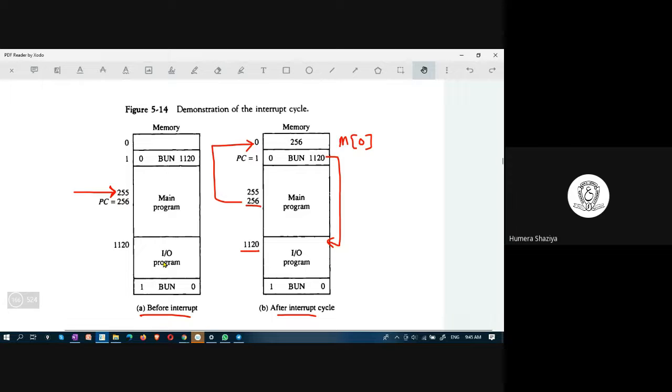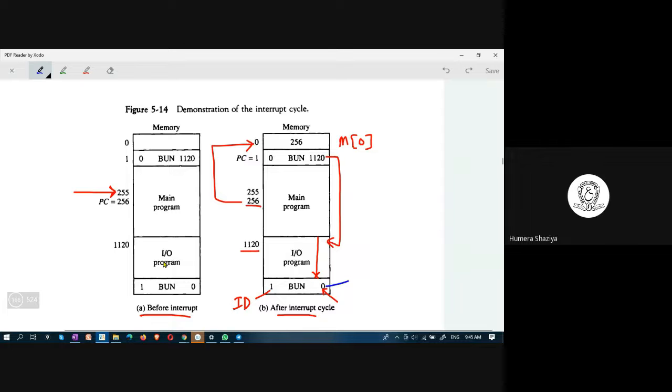After execution of this entire program, it encounters the last instruction, whose mode bit is 1. 1 denotes it is an indirect address. Branch unconditionally 0. Now 0 is the address where you will find the address to branch. So you have to go to 0 first.